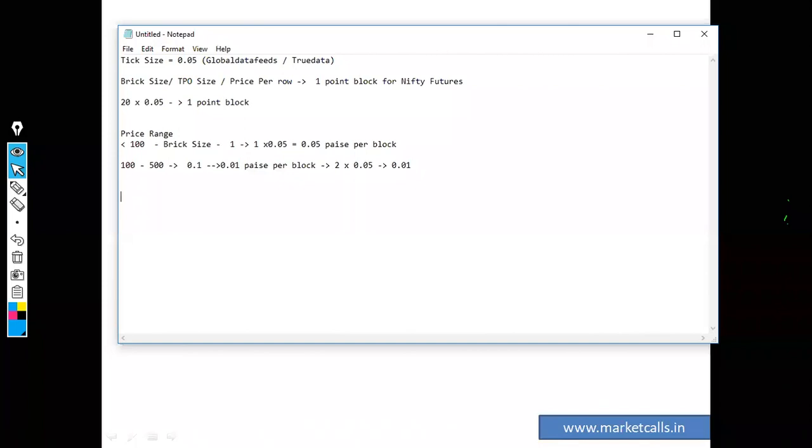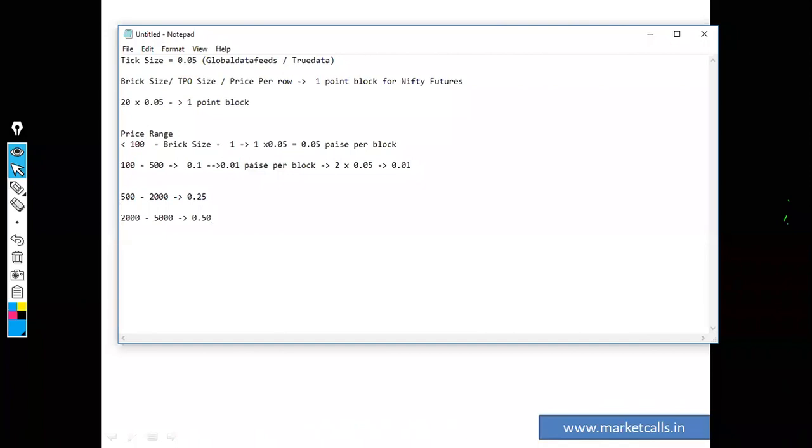Or if it is somewhere between 500 to 2000, then you can use 0.2 as the setting, or 2.5 as the setting. And if it is anything greater than 2000 to something like 5000, you can consider using 50 paise per block, and you can do the math and arrive at the settings.